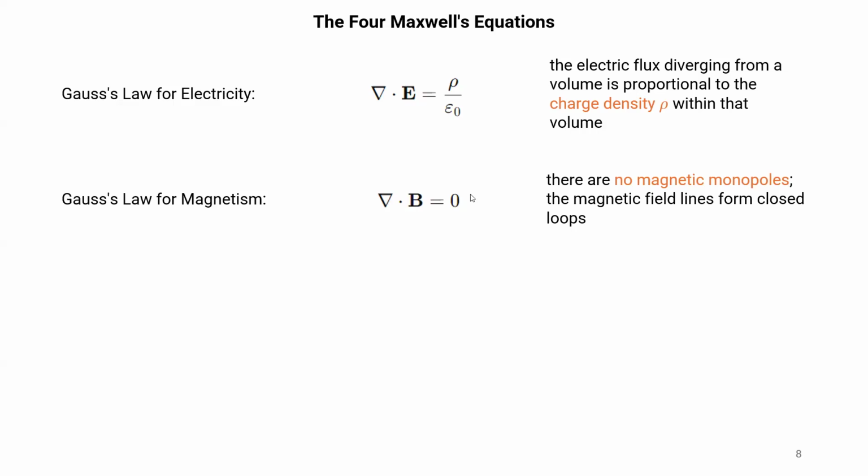There are some alternative physical theories that predict the existence of magnetic charges, so-called monopoles, and the consequences that we would have from the existence of these magnetic charges. However, they all don't work, and researchers haven't detected any magnetic monopole so far. So we assume that the divergence of the magnetic field is equal to 0.